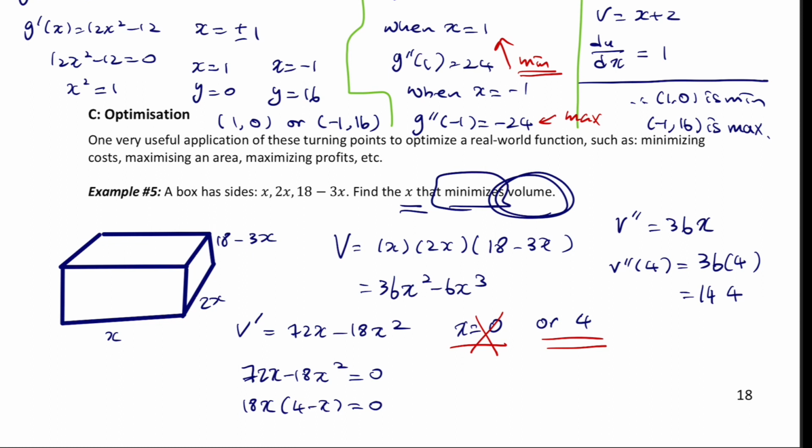So this value is greater than 0, so we have a minimum point. So we have proven that 4 is actually the x value of the minimum point, so x equals 4 is the point that minimizes the volume.